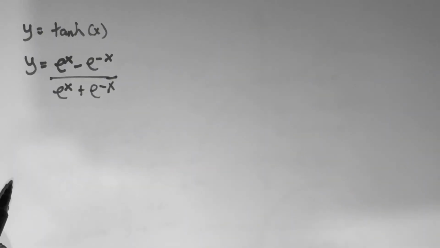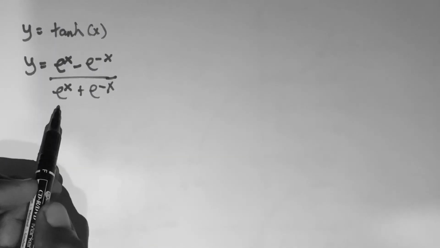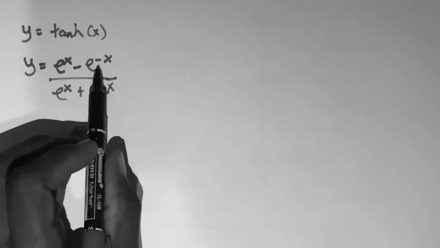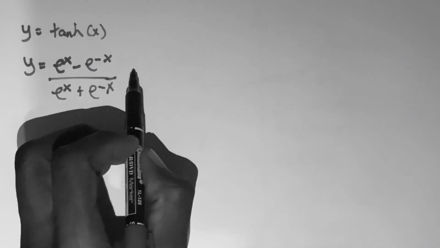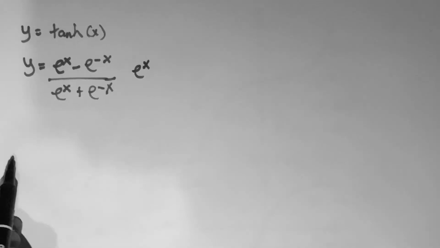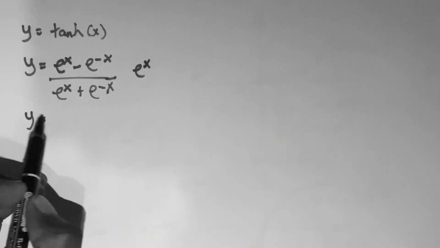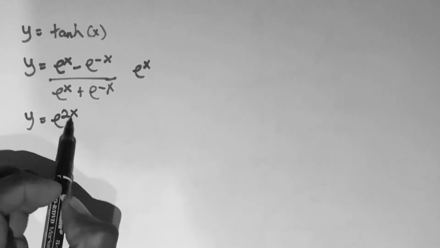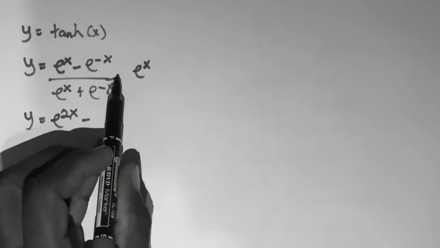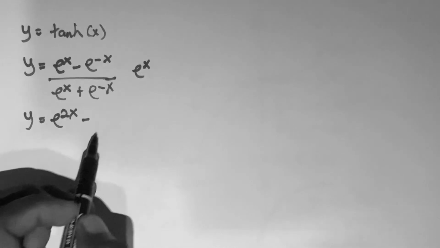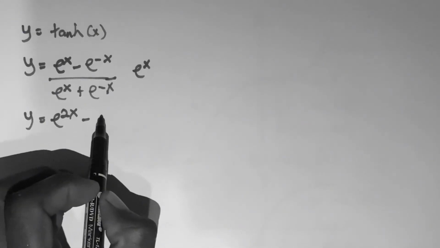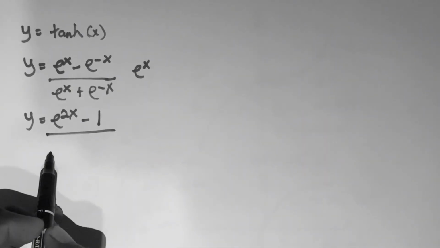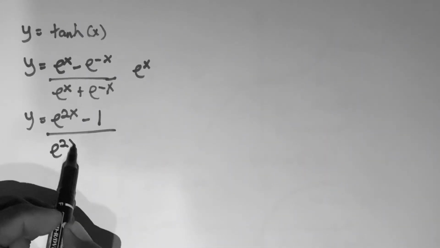This is the definition of the tan function. Let's multiply the numerator and the denominator by exponent x. So this becomes y equals exponent 2x minus exponent minus x times exponent x, which is exponent 0, which is 1, divided by exponent x times exponent x, which is exponent 2x.